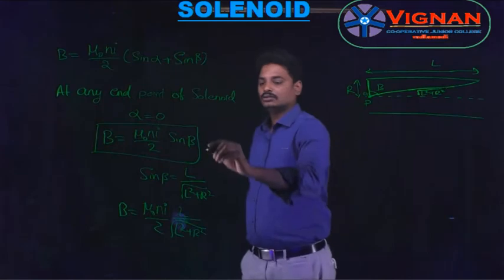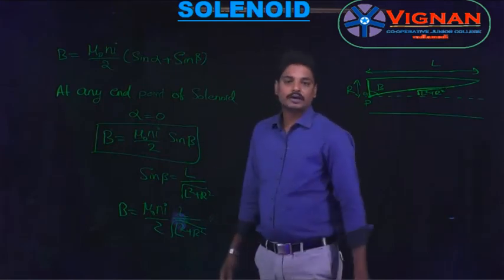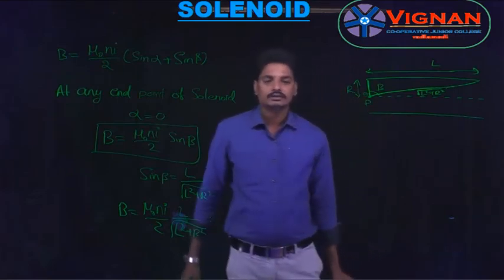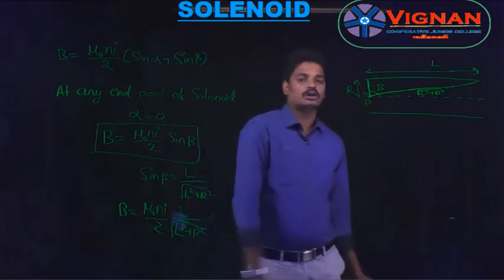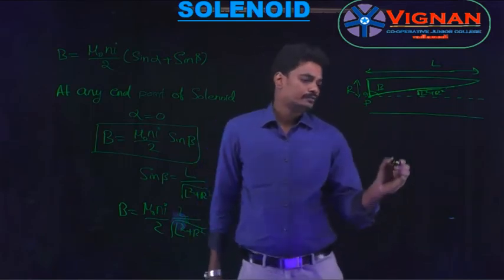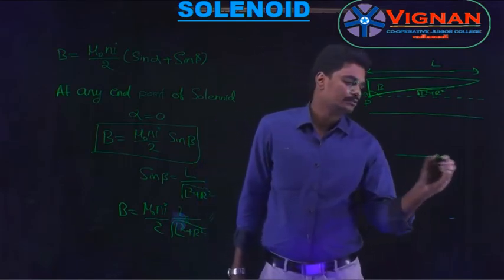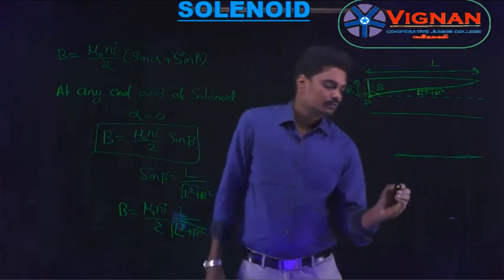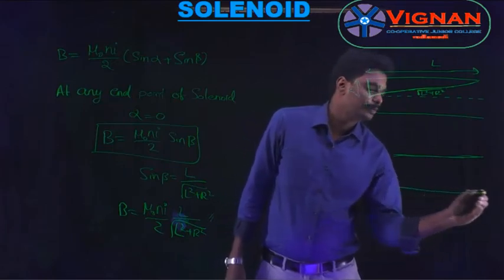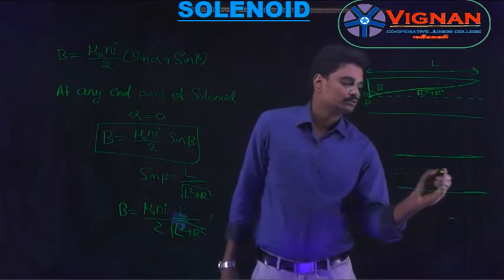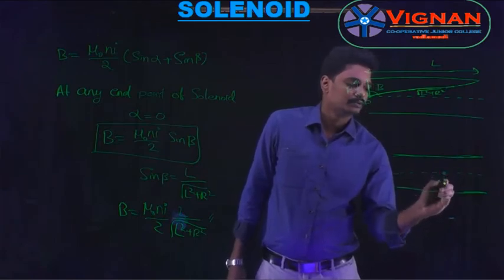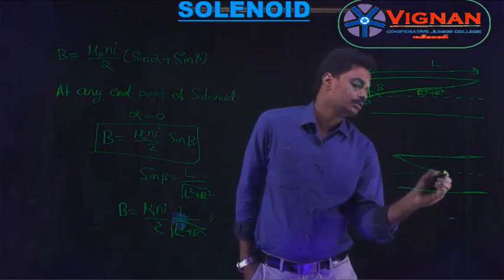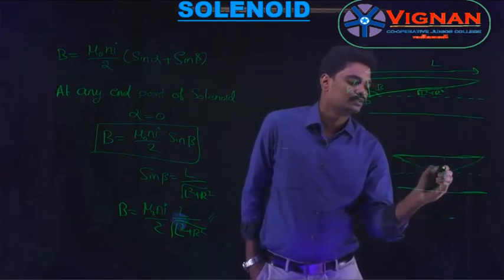Okay, so this is the mathematical formula for magnetic field induction when the point is located at one end of the solenoid. Now if we need to calculate the magnetic field at the midpoint of the solenoid, exactly midpoint P, then both the angles will be equal.